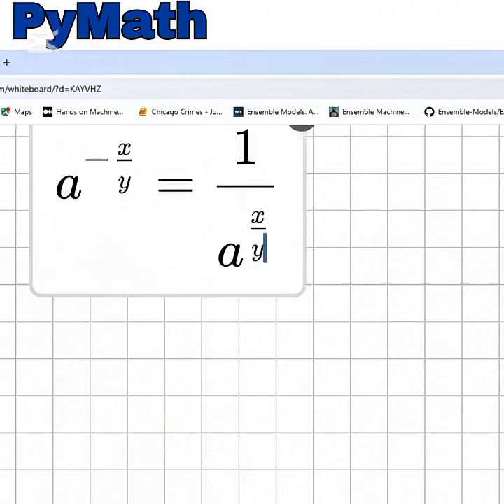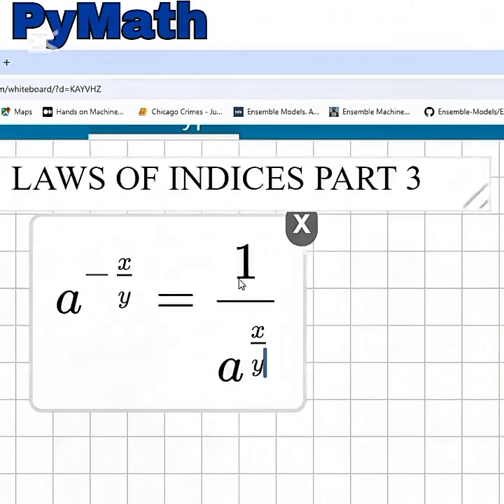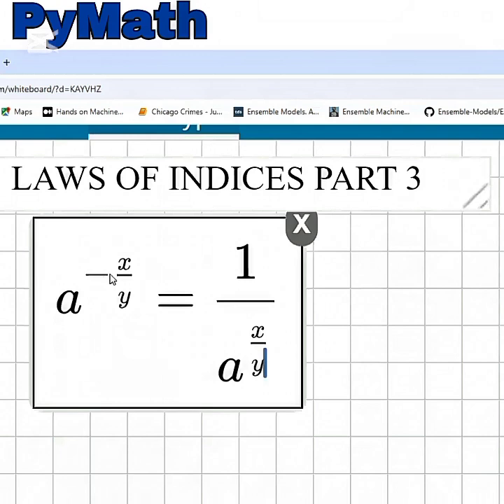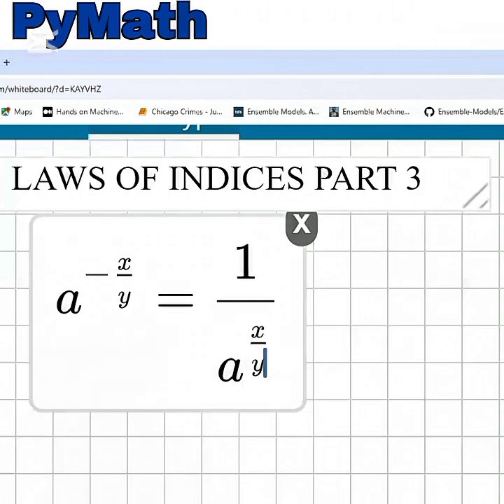Writing it this way helps us get rid of the negative sign. For negative indices, the best way to deal with them is to express them this way. This is a classical way of dealing with negative indices.